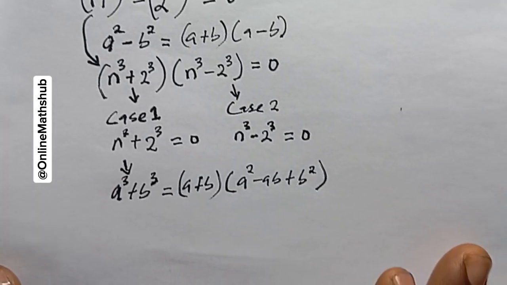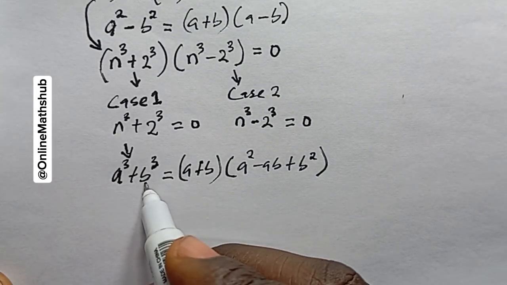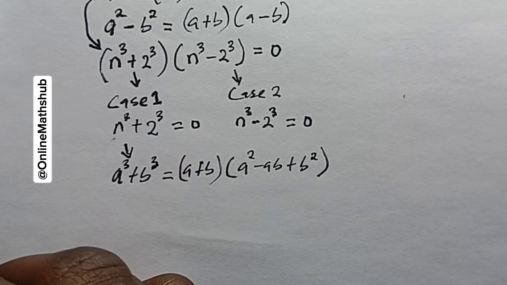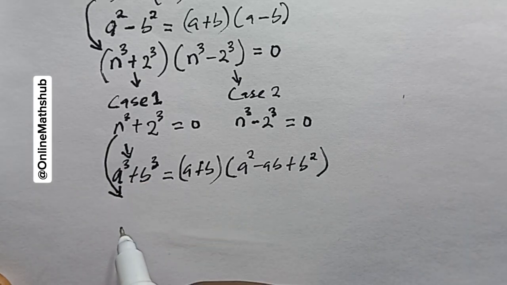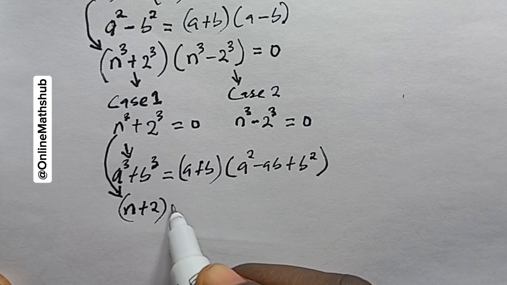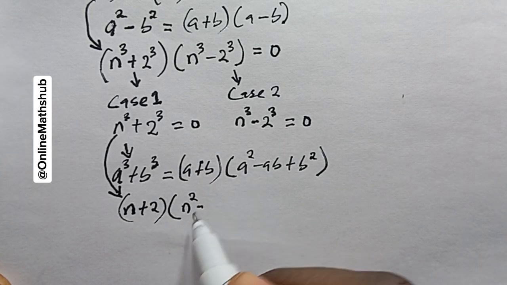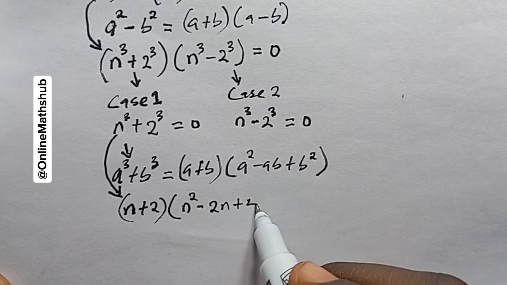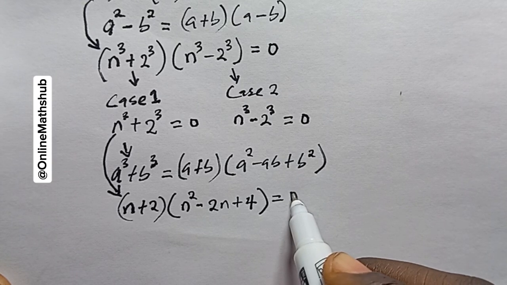In this case our a is equal to n and our b is equal to 2. So simplifying, what I'm going to have is n plus 2 multiplied by n squared minus 2n plus 2 squared, which is equal to 4. This will be equal to 0.